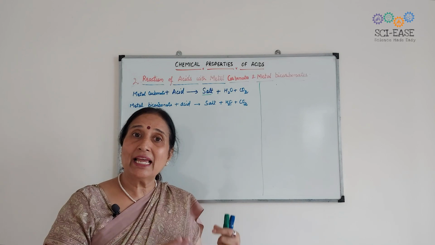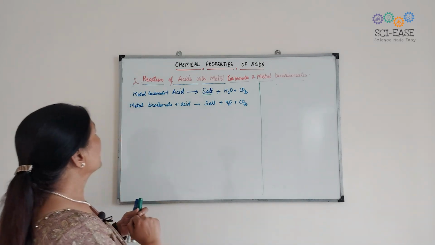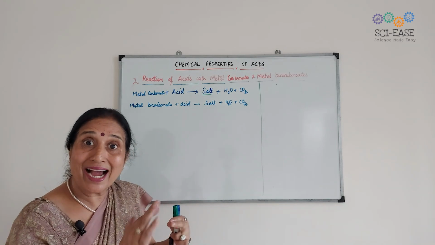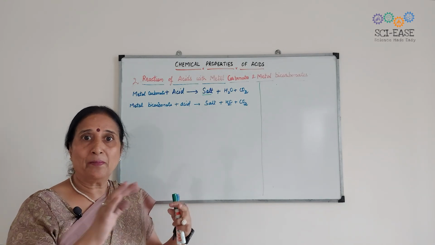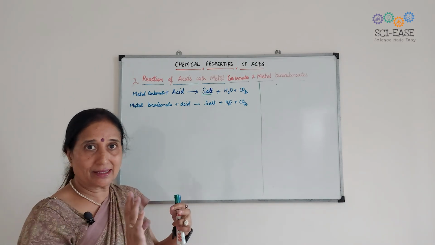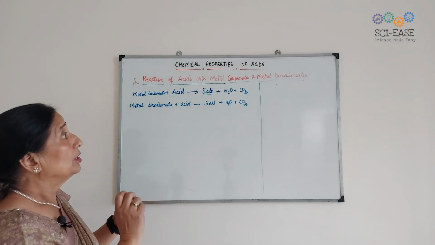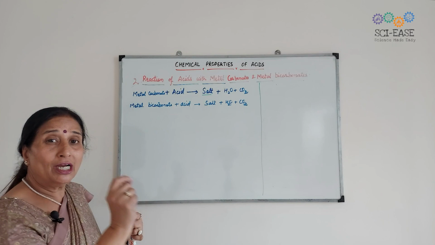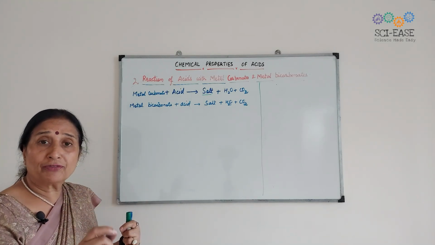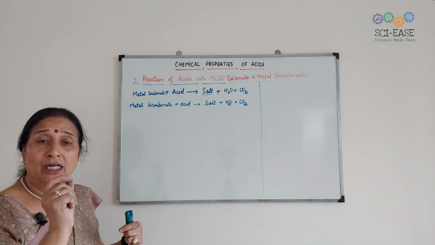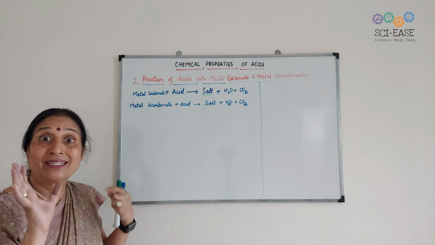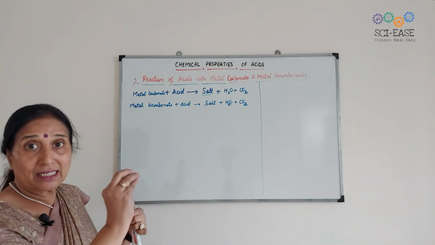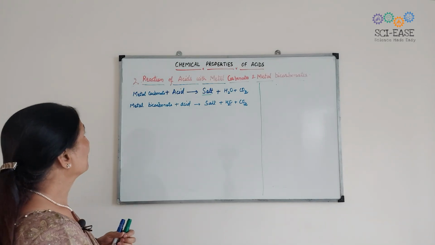In the same way, there are bicarbonates, also known as hydrogen carbonates, or metal hydrogen carbonates. So, I will first form the formulas of some carbonates and bicarbonates, and then you will understand the whole concept.